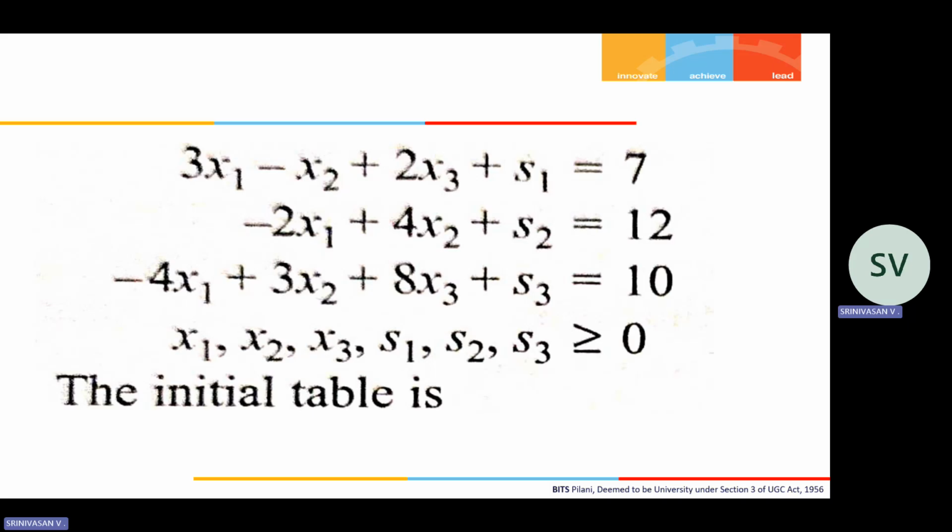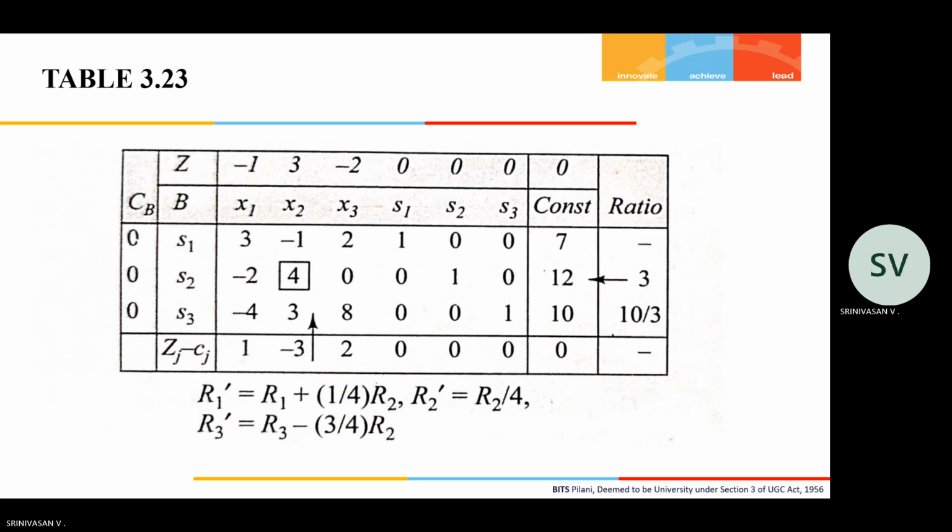So we will start with the table called the initial table. As we have just seen in the first problem, you have Z equal to the objective function. But it is better to write the variables in the first row and the coefficients in the second row.